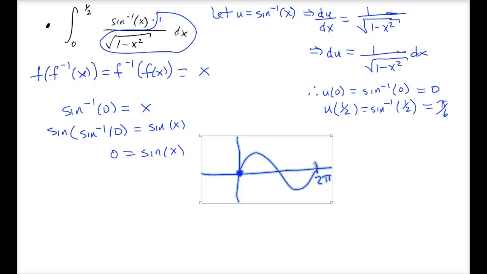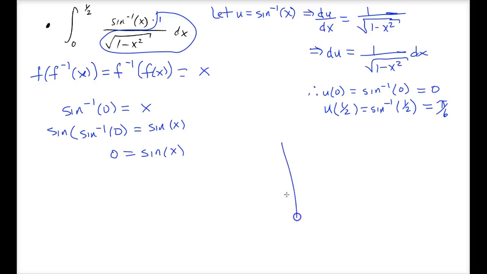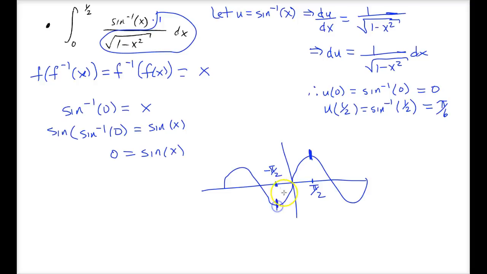We'll erase this graph. When we look at sine in terms of sine inverse, we're only looking at it from -pi/2 to pi/2. And the reason for that is that from here to here, our function is what we consider to be a one-to-one function, which means for every x value, you have a unique y value.